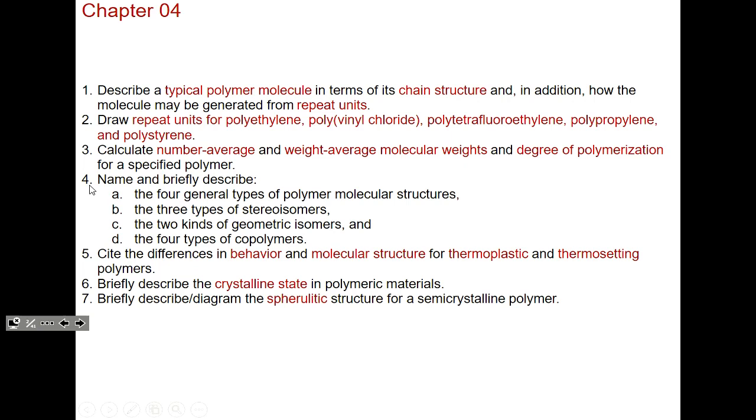So there are people who worry about that day in, day out. We're going to focus more on the properties. We'll talk about the synthesis a little bit because it gives you some intuition as to why there's polydispersion in polymer materials. That, of course, gives you polydispersity in your properties as well, like melting point, stiffness, things like that. So they're all related, but our focus is less on the synthesis, more on the properties.